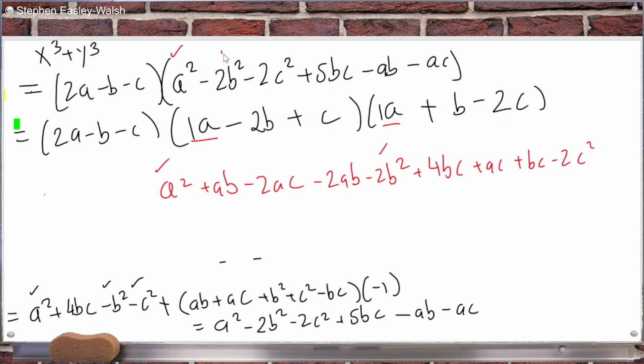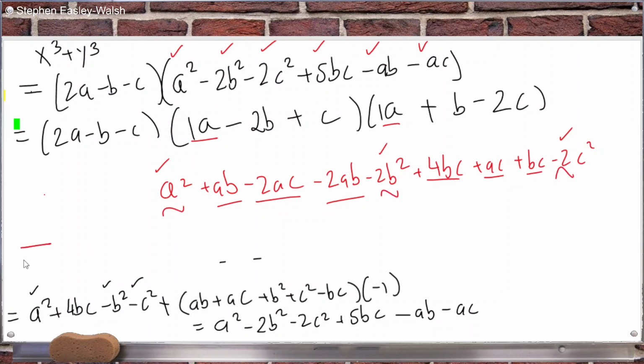Minus 2b squared minus 2c squared, 4bc plus bc, that's 5bc, ac minus 2ac, that's minus ac, and what have I got left? ab minus 2ab is minus ab.